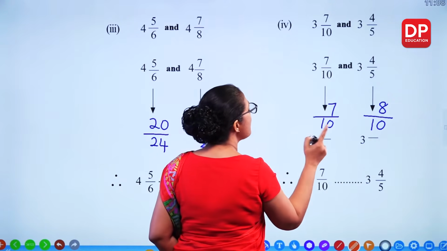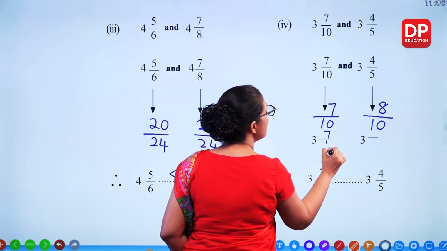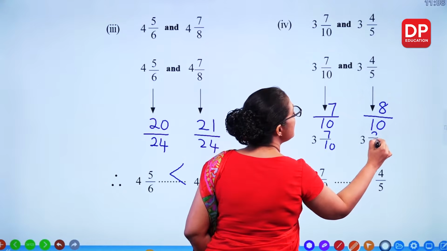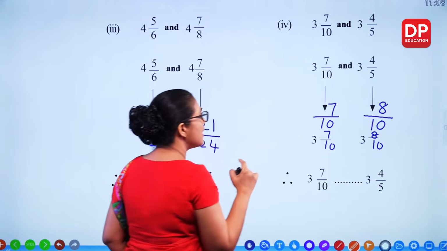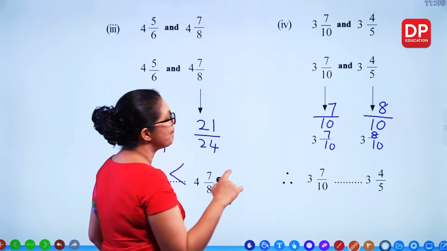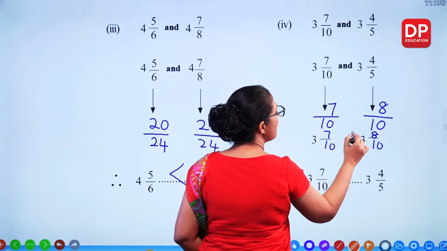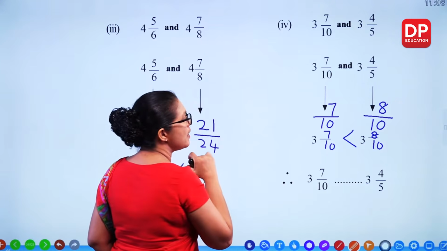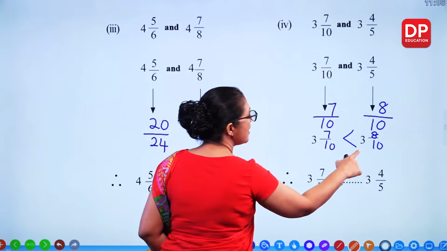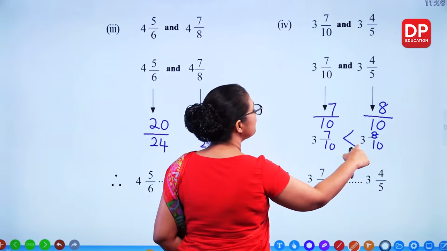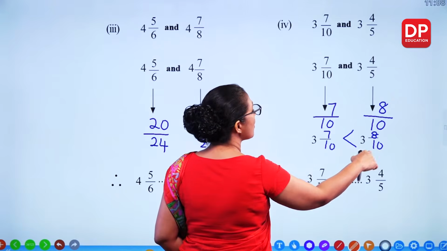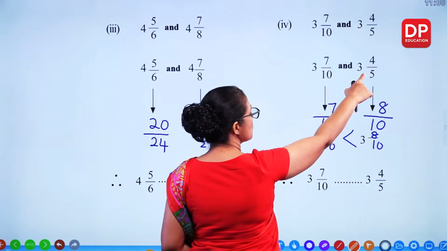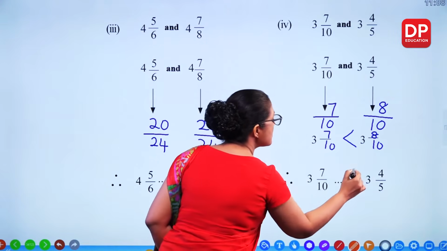Now we have two numbers, 3 and 7 over 10, and 3 and 8 over 10. Which one is bigger? 8 is bigger than 7. So this should be in this sign. This is bigger.